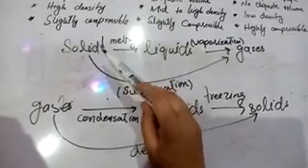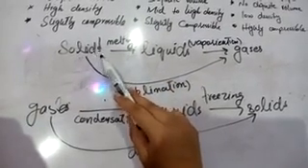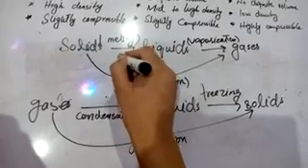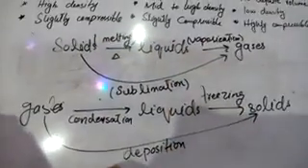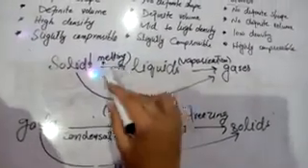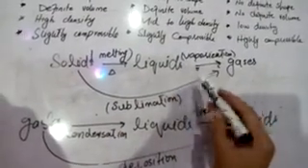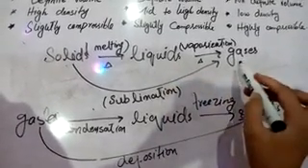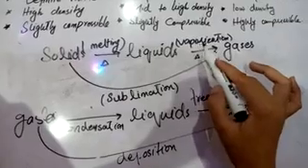First we have solids. If we convert solids into liquid, we have to provide some sort of heat. And the phenomenon of converting solids into liquid, the phase change, is called melting. On the other hand, on providing some heat, we will convert liquids into gases, and this phenomenon is called vaporization.